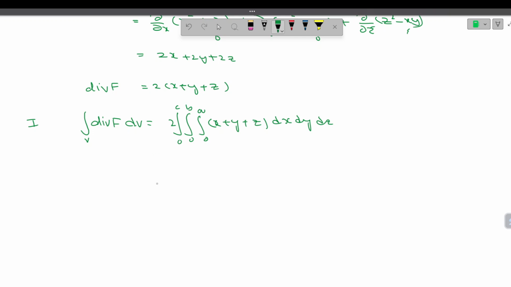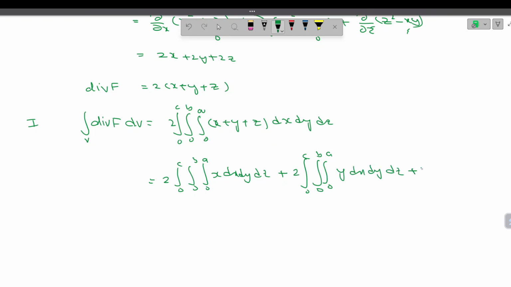So what I am doing here is 2 times the integral of x dx dy dz, plus 2 times the integral of y dx dy dz, plus 2 times the last part, z dx dy dz.